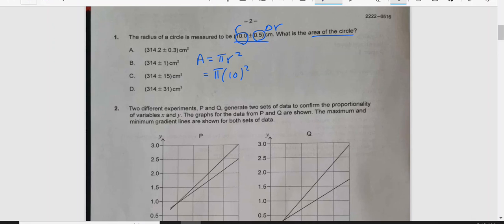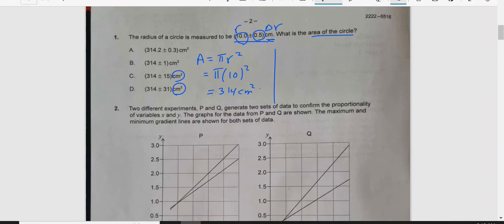I'm not going to convert to meters because the answers they provided to us are all in centimeters squared. So I'm going to keep everything in the same unit, centimeters. And this one will be 314 centimeters squared.